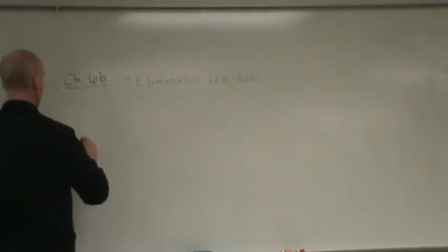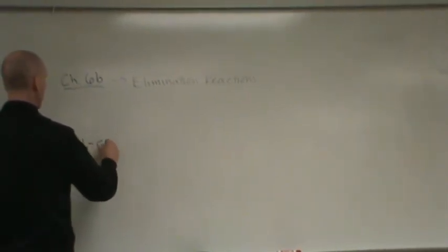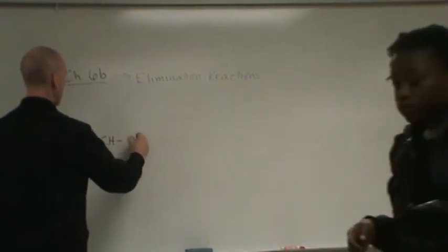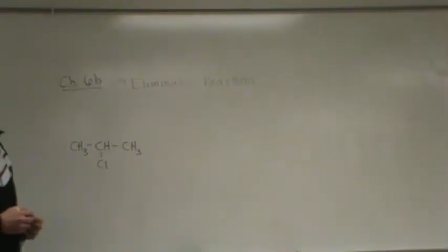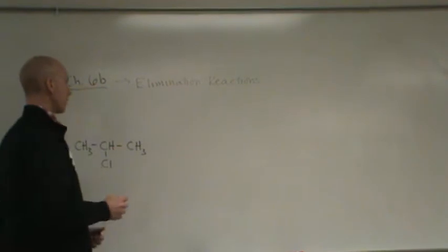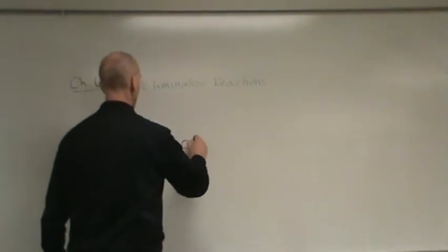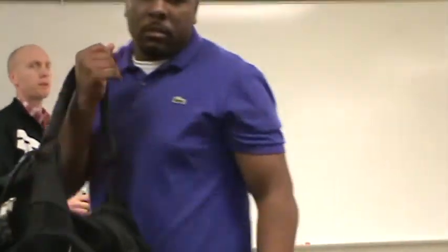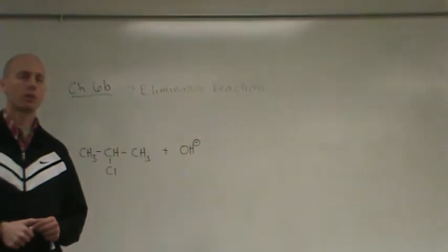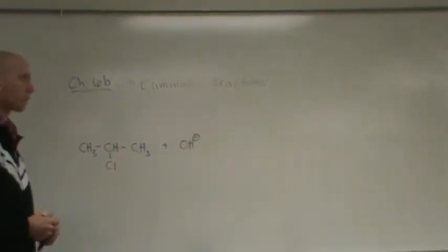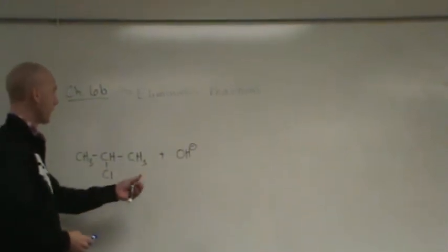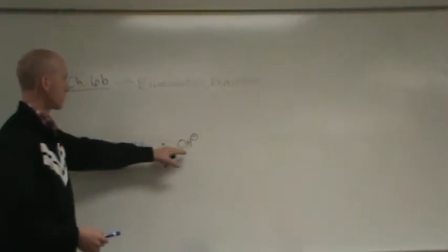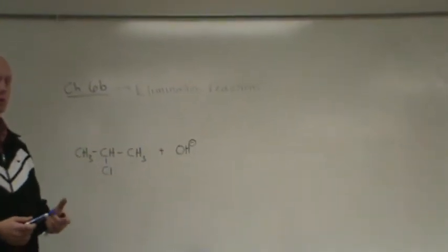So let's, for example, look at this molecule. And let's react it with OH minus, for example. We've already seen that one way this reaction can occur is for the OH to substitute for chlorine.